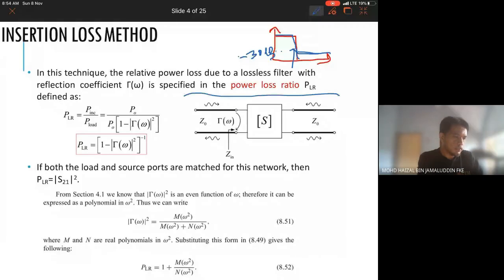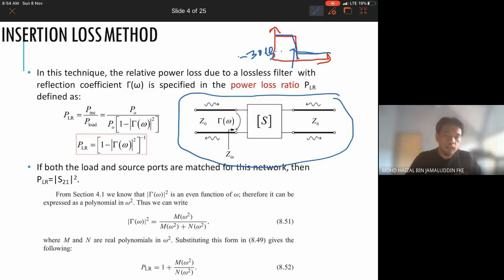In this technique, the relative power loss due to a lossless filter with reflection coefficient gamma in terms of frequency is specified by the power loss ratio, which is defined in this formula: PLR is equivalent to P incident over P load. And finally, we have PLR equal to 1 minus the magnitude of gamma of omega to the power of 2, all to the power of minus 1.